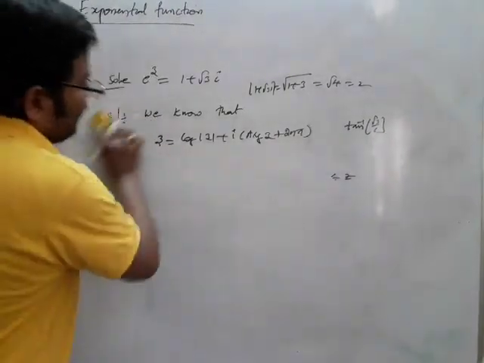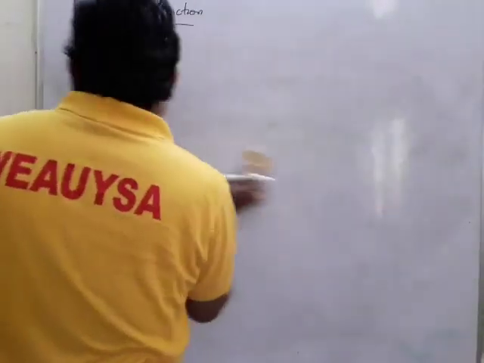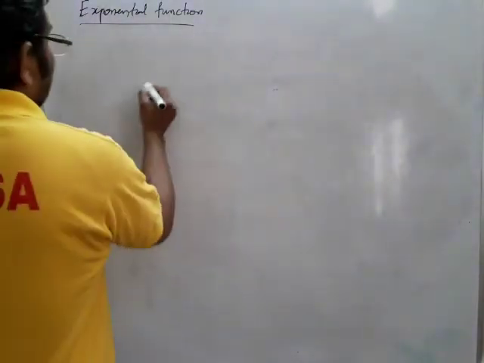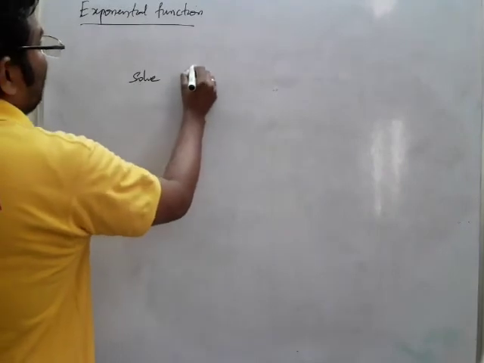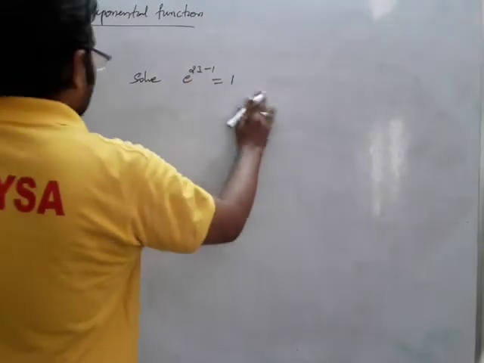Next problem we can do in the same manner: solve e power (2z minus 1) is equal to 1.